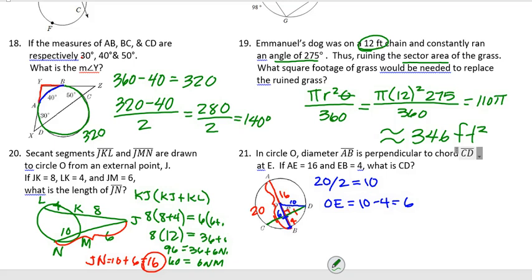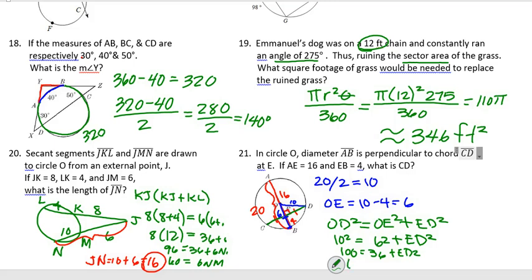So I'm going to use Pythagorean Theorem, and I'm going to say that OD squared is equal to OE squared plus ED squared. So that means I'm going to say 10 squared is equal to 6 squared plus ED squared. So this is 100. It's 36 plus ED squared.